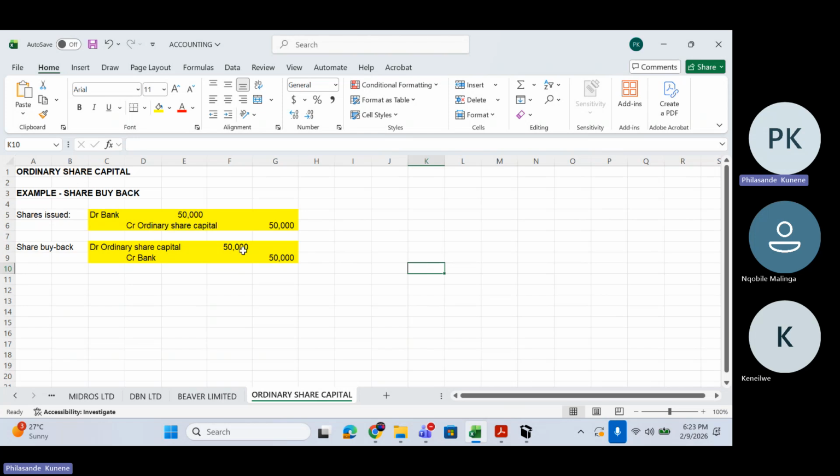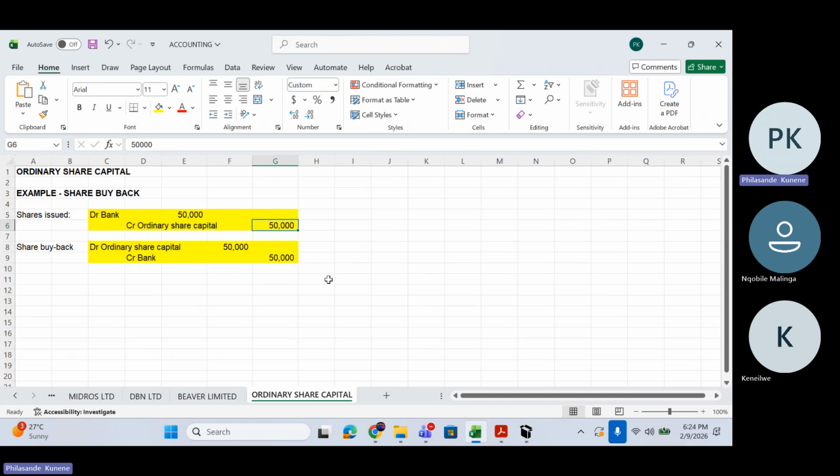How does it enter here? We don't just talk about retained income for no reason. If I issued shares at 50,000 and I'm buying them back at 50,000, retained income does not enter here. If I issued shares at 50,000 rand and I'm buying those shares back at 50,000 rand, there will never be a retained income in this transaction.